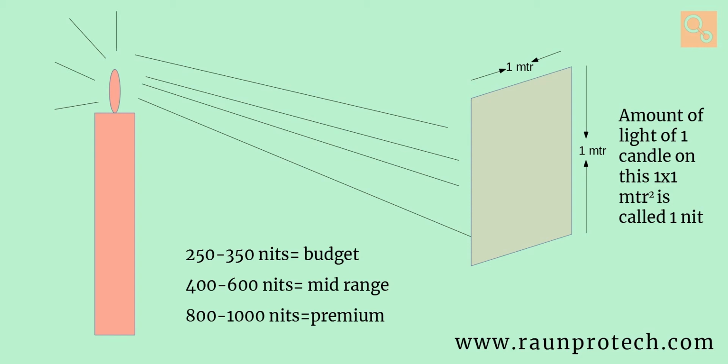Don't think too much about it. Just remember, the higher the nits, the brighter the panel will be. Generally, 250 to 350 nits is for budget TV, 400 to 600 something nits is for mid-range TV, and high-end TV should go about 800 to 1000 something nits in peak brightness. Screen brightness is important to achieve HDR, which we will cover later in this guide.